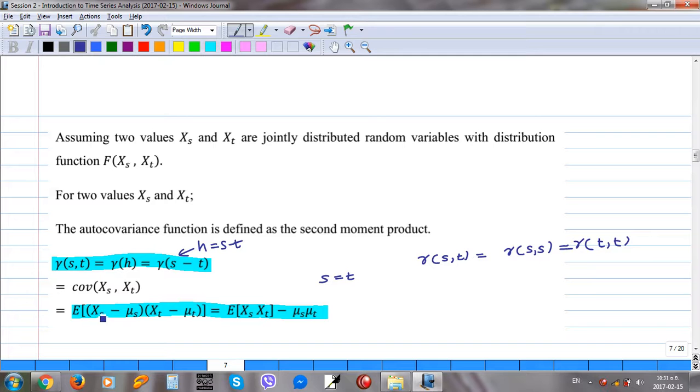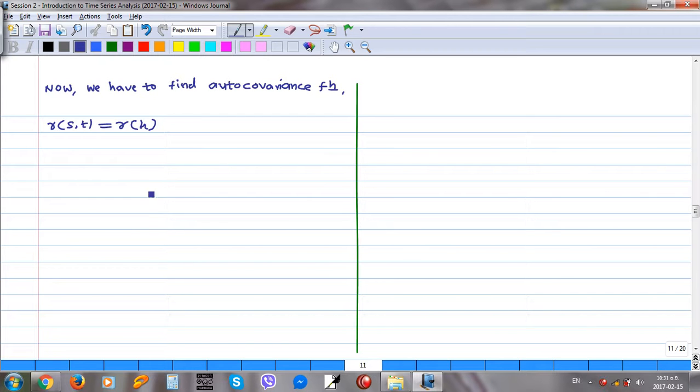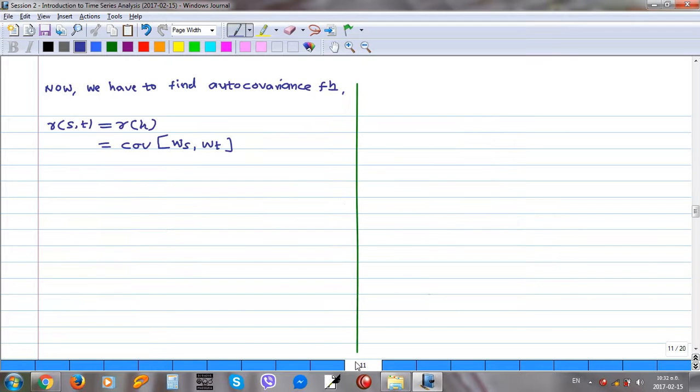I am going to now write these steps according to our example. Then I can write that is covariance of w s comma w t. Now we have w here, so w s comma w t.